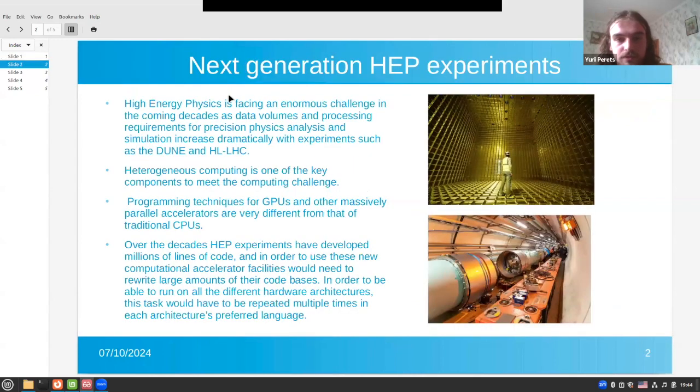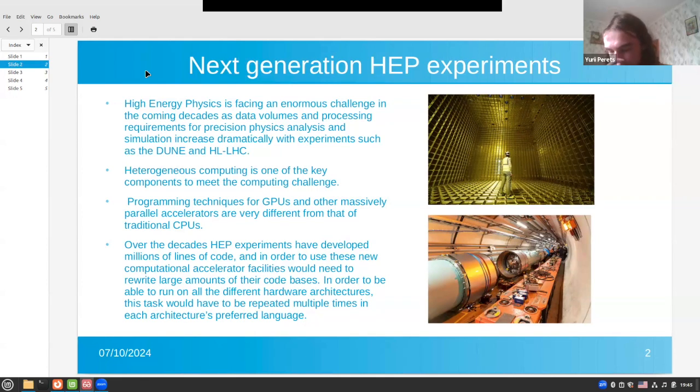We will start our introduction from high-energy physics experiments, because high-energy physics is facing an enormous challenge in the coming decades as data volumes and processing requirements for precision physics analysis increase, especially with next generation experiments like deep underground neutrino experiments and high luminosity Large Hadron Collider experiments.